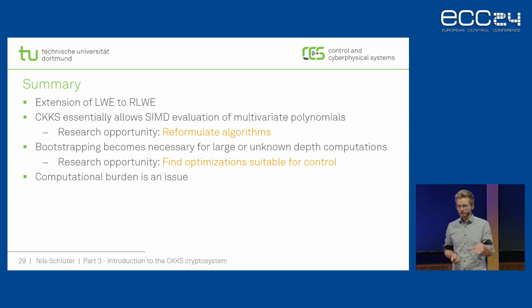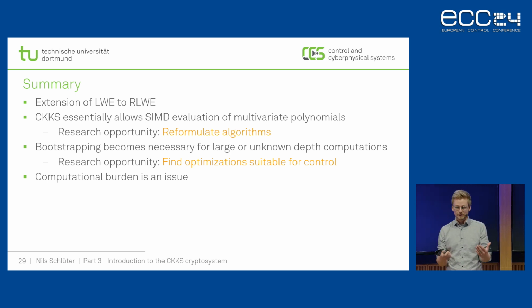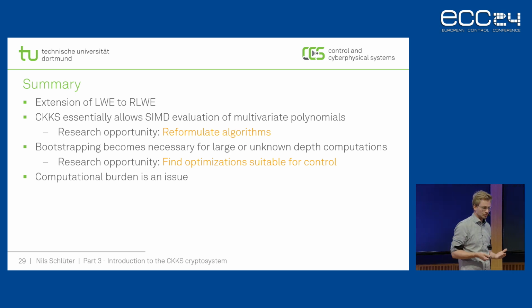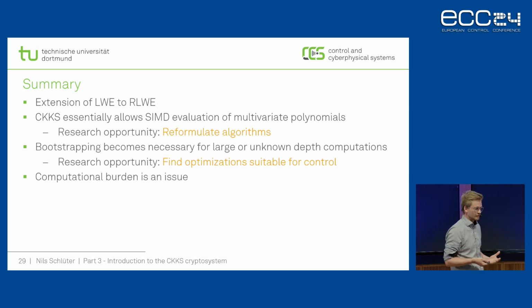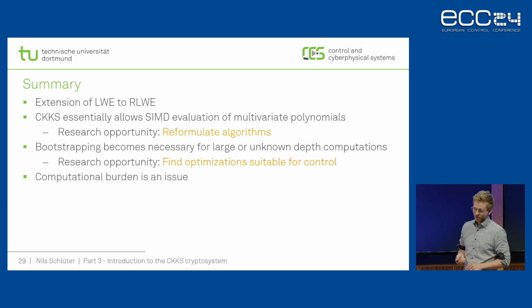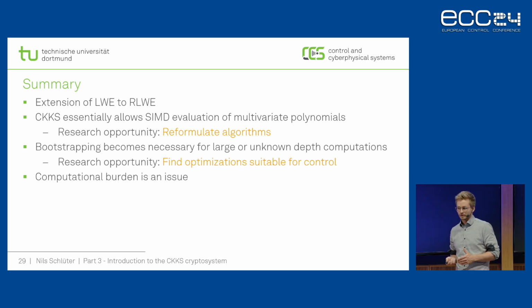So in every slot of your ciphertext, you can evaluate multivariate polynomials, and that is what you have to work with. And the research opportunity then in the context of control is you are a specialist in control, you know how the algorithms work, and you can now go ahead and reformulate your algorithms such that they are really compatible with these schemes.